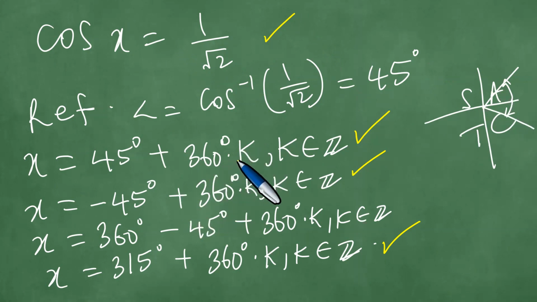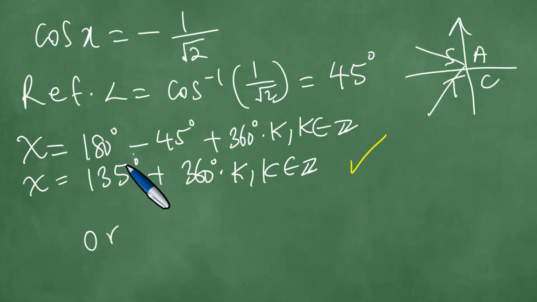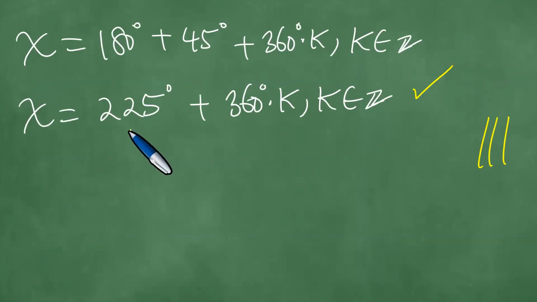We added multiples of the period of the cosine, 360 degrees, and we also dealt with the other angle, minus 45 degrees, which is an angle in the fourth quadrant, and we also did 360 minus 45, which gave us 315 degrees. For cosine x equals minus 1 over the square root of 2, we got 135 degrees as an angle in the second quadrant, but also we found another angle in the third quadrant.